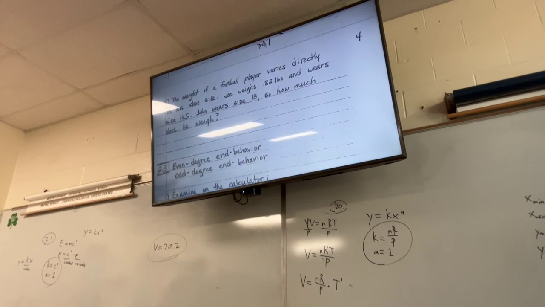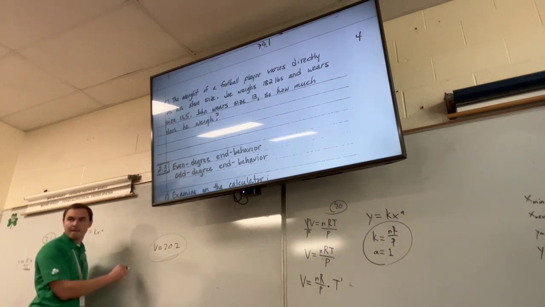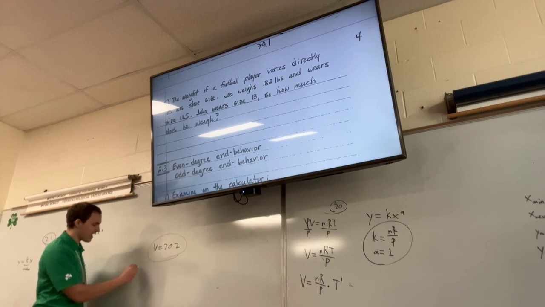So the weight of a football player varies directly as his shoe size. Joe is 182 pounds and wears a size 11.5. John wears a size 13, so how much does he weigh? So what's my formula for direct variation? Y equals kx, right?